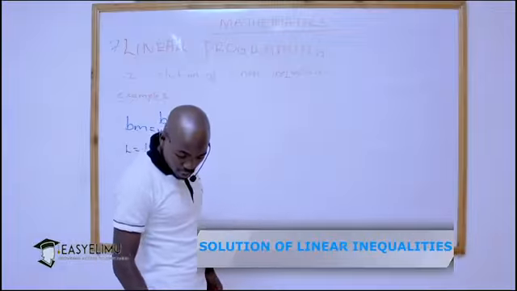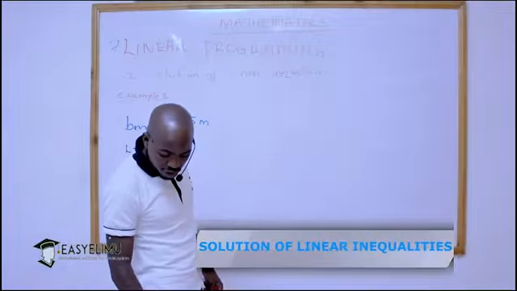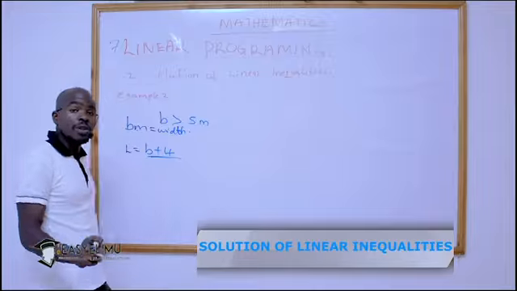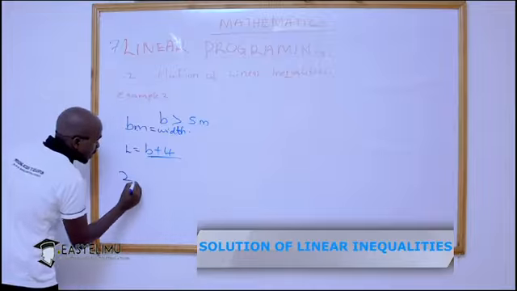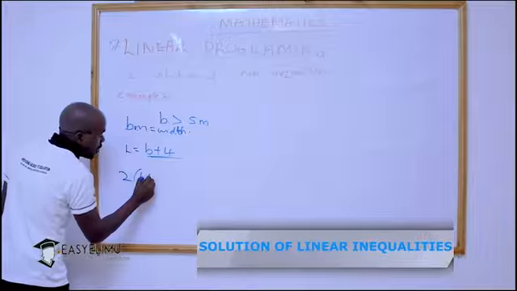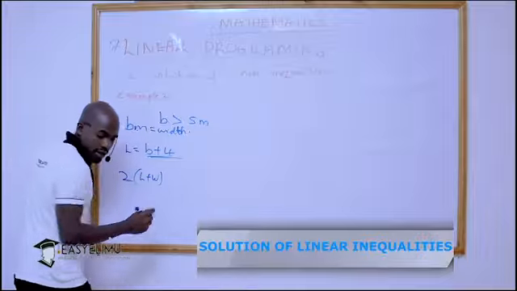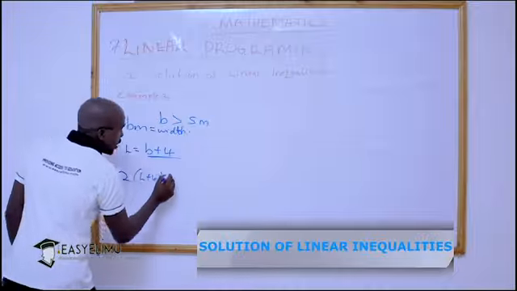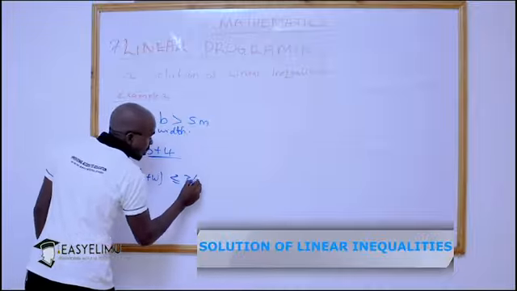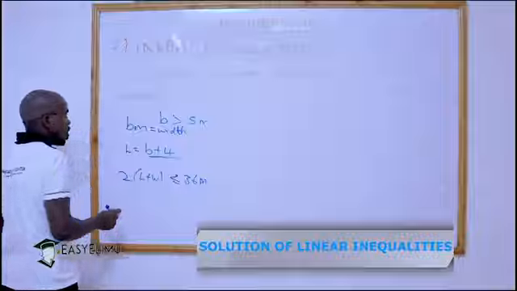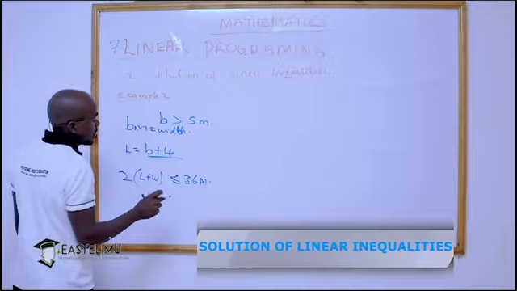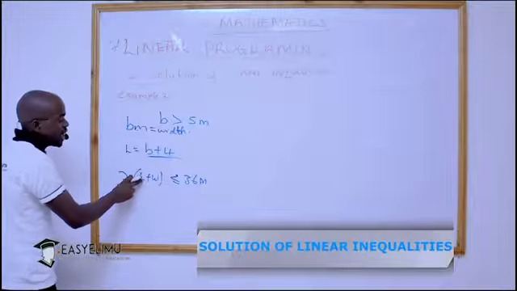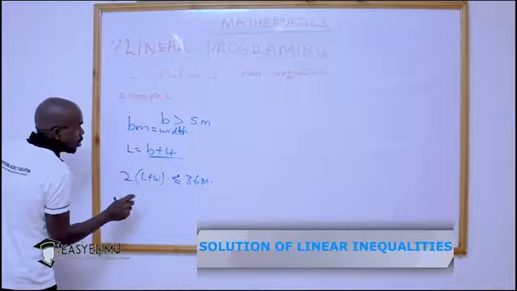And then we have been told that the perimeter of the room is not greater than 36 meters. So we know this is a rectangle, and for a rectangle, 2 into length plus width is not greater than 36 meters, meaning 36 meters or less. So what we shall do is substitute the length and also the width.